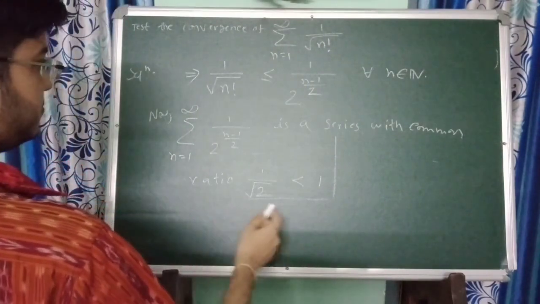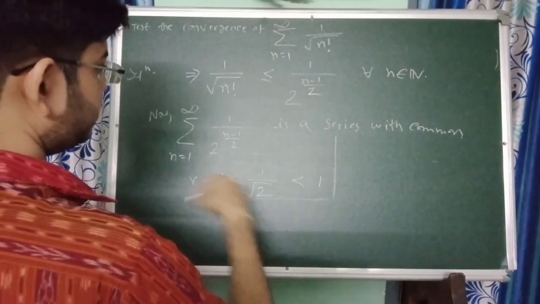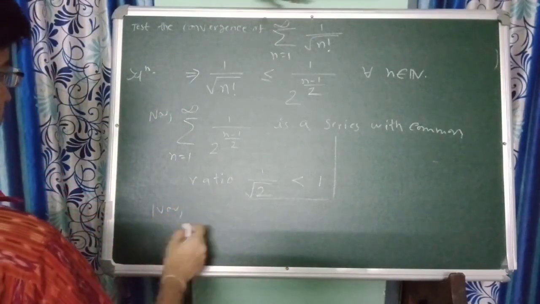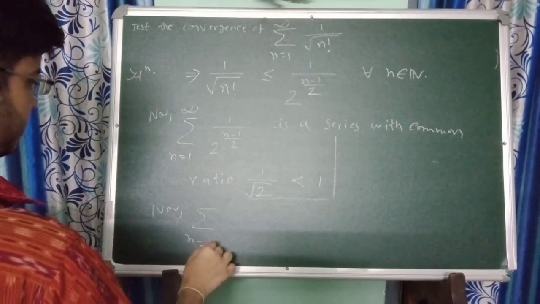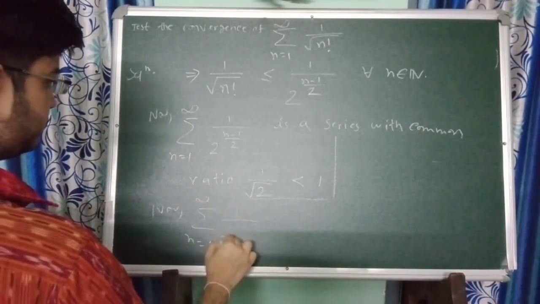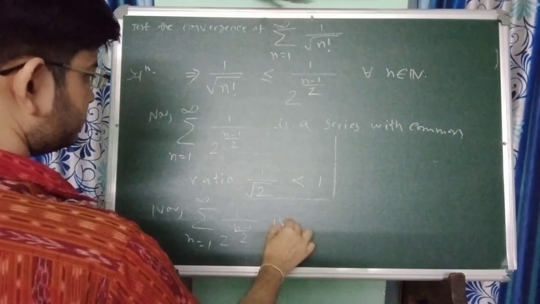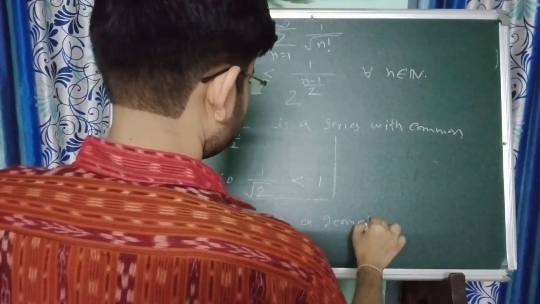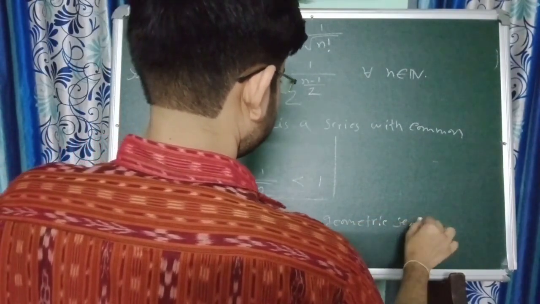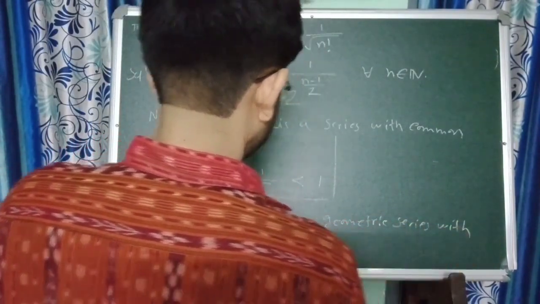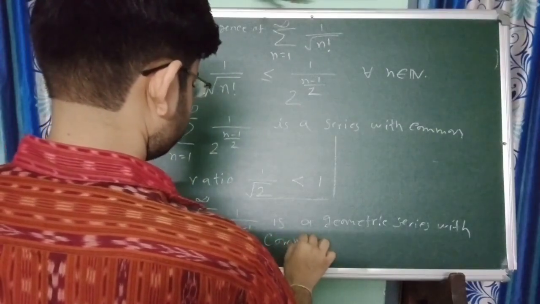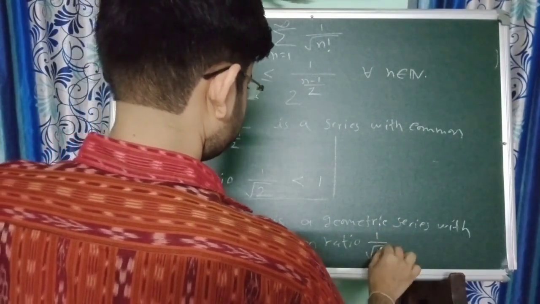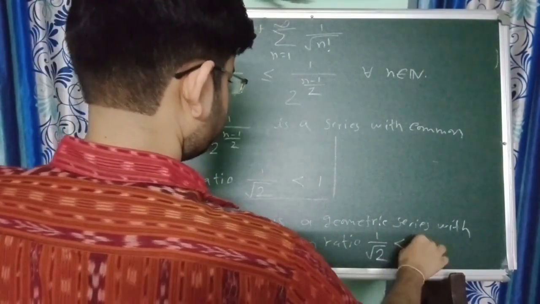Now we know that in case of geometric series, if the common ratio is less than 1, then the series is convergent. Now summation n equals to 1 to infinity 1 by 2 to the power n minus 1 by 2 is a geometric series with common ratio 1 by root over 2.